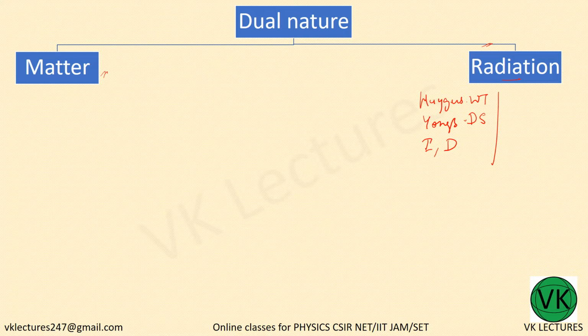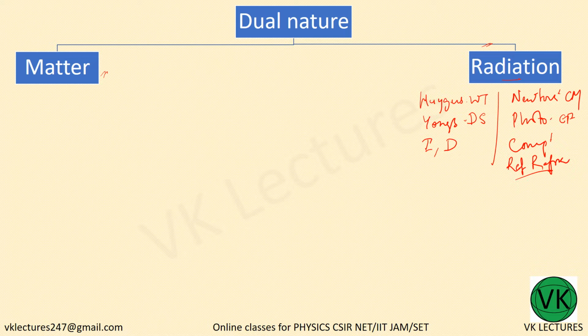Now, radiation also behaves as particle. A few theories are given by Newton's corpuscular model. Then we have the photoelectric effect, the Compton effect, then our theories regarding reflection, refraction, all of which come under the idea that radiation behaves as particles.